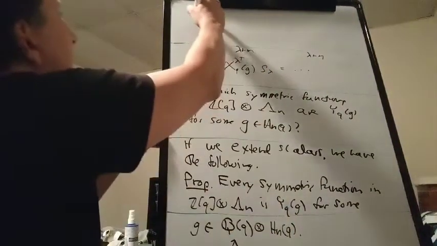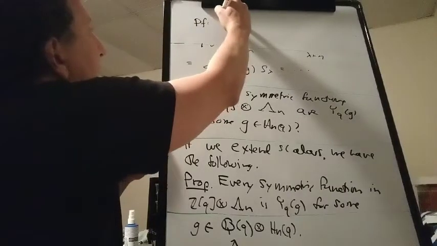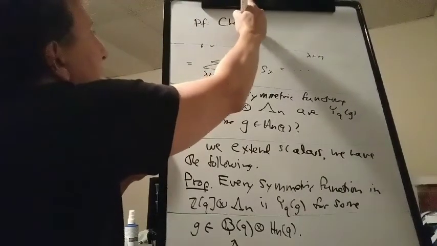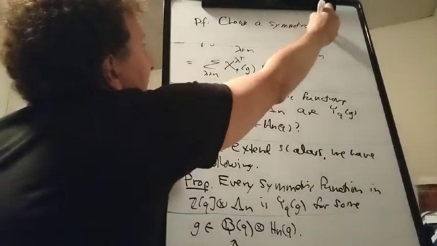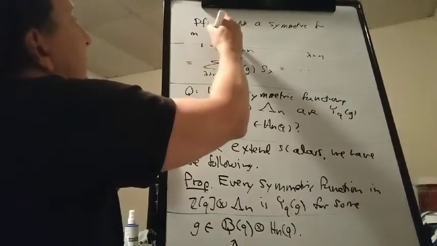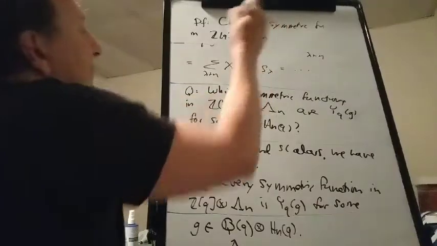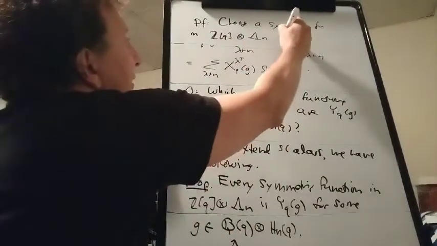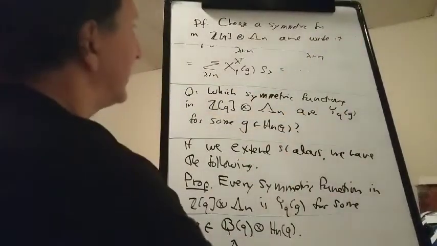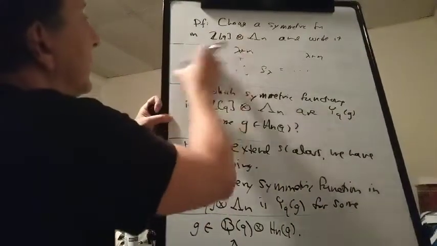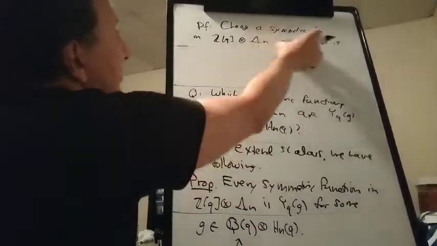So to see this, let's choose a symmetric function in Z[q] tensor degree n symmetric functions and write it in terms of elementary symmetric functions.